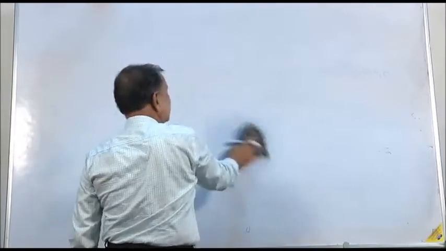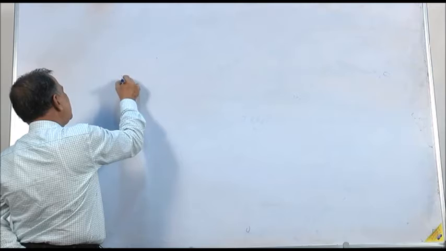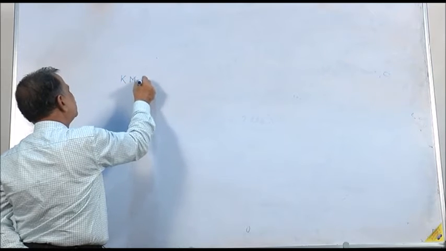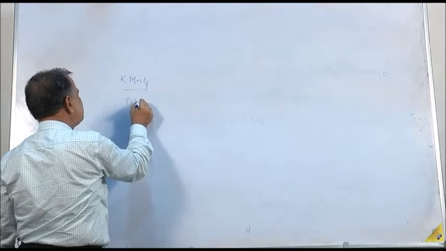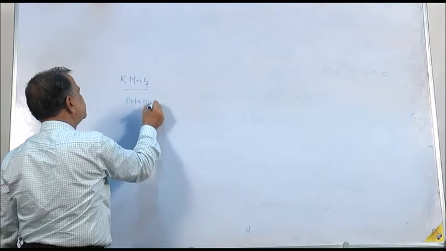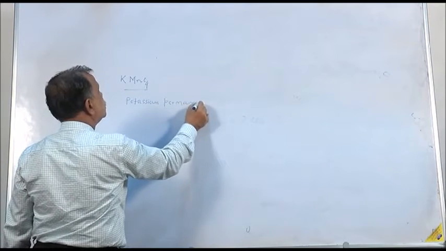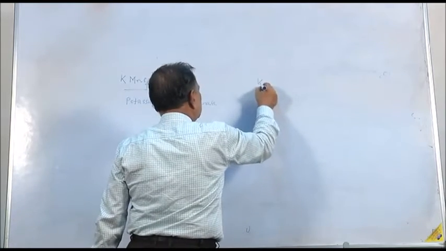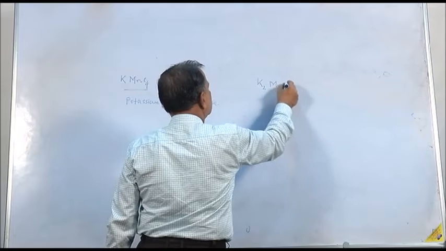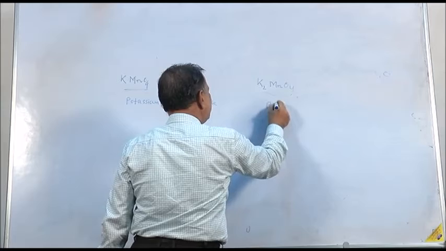Let us start potassium permanganate. KMnO4 is called potassium permanganate, and K2MnO4 is called potassium manganate.